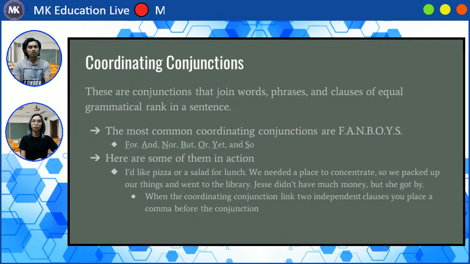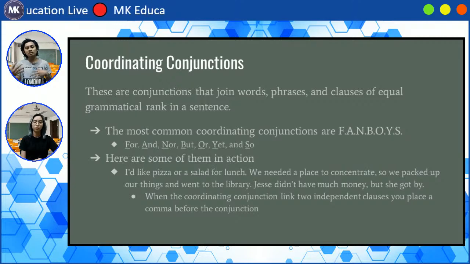Coordinating conjunctions are words that join phrases, words, clauses of equal grammatical rank in the sentence. So what is grammatical rank? Grammatical rank is like simple sentence, complex sentence, like the difficulty basically of a sentence. That's the very simple explanation of what a grammatical rank is.